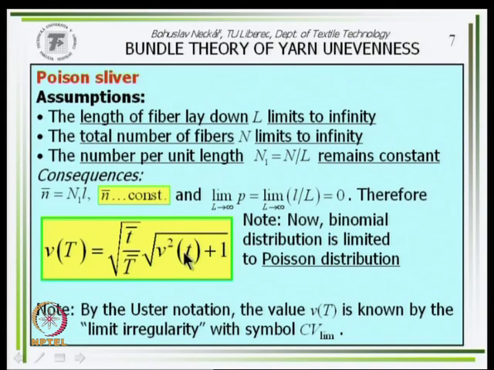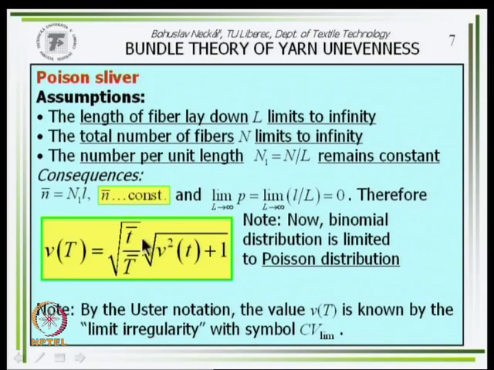This equation corresponds to the limiting from binomial to Poisson distribution, so usually we speak about the Poisson sliver, and this equation corresponds to, I can say, the natural unevenness of Poisson sliver.